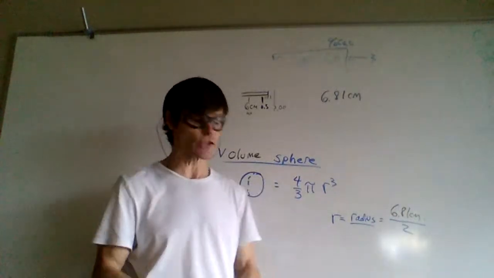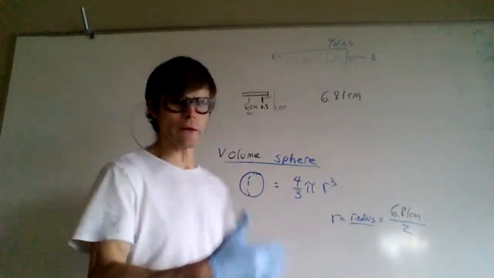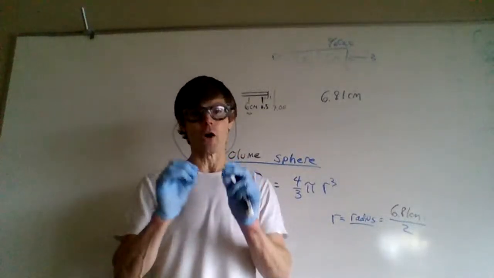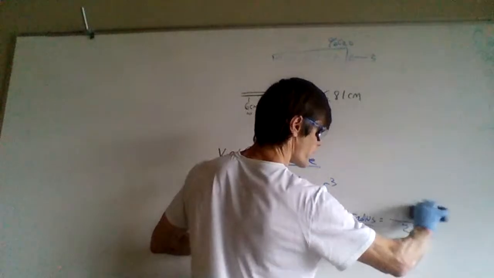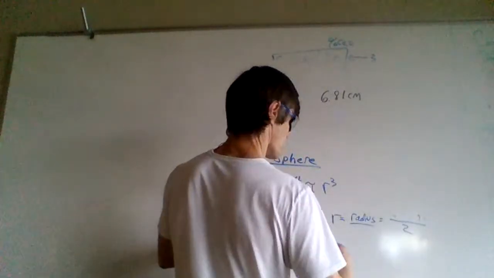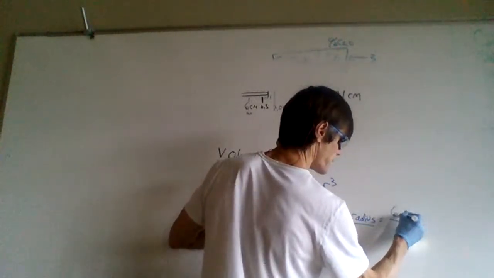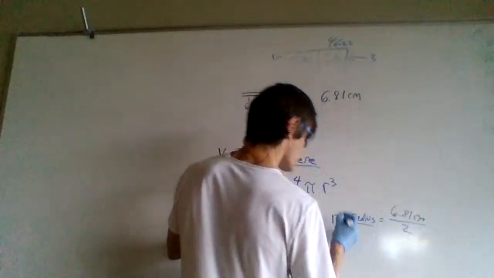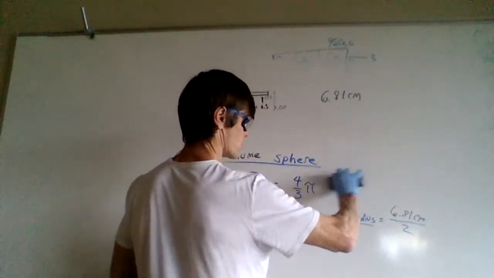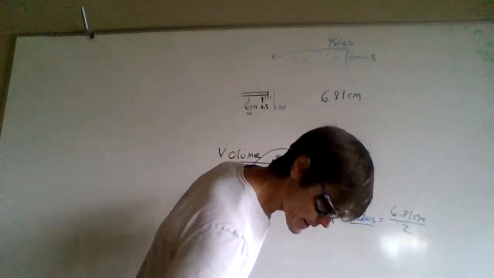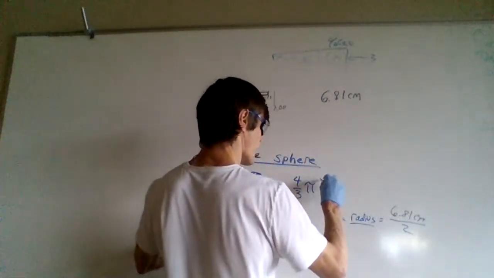Let's keep all of our digits. When we're doing our steps, we don't limit our digits between steps. So 3.405 centimeters is my radius, and I'm going to plug that right in. My radius is 3.405.